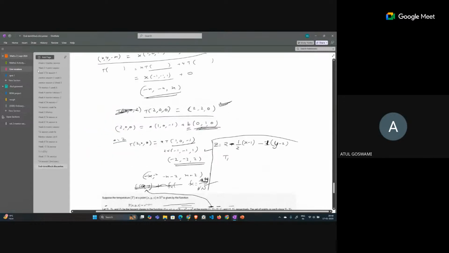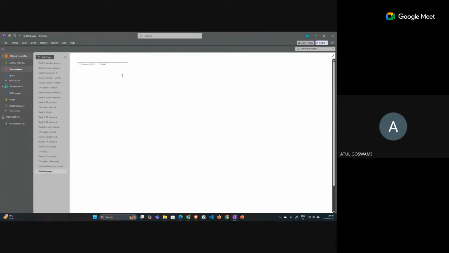Okay, so what is a solution? Suppose this is a system AX equals B. What is A? A is a coefficient matrix of some order, suppose m cross n.